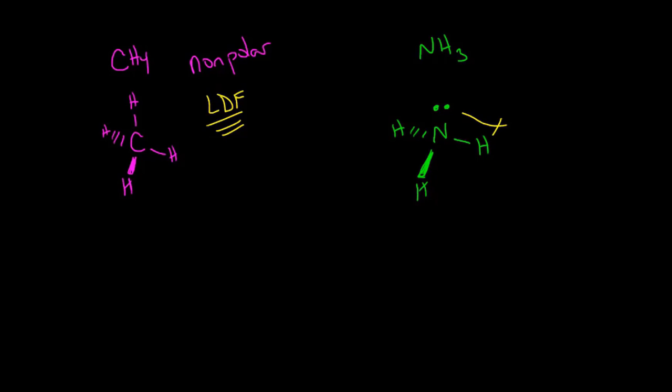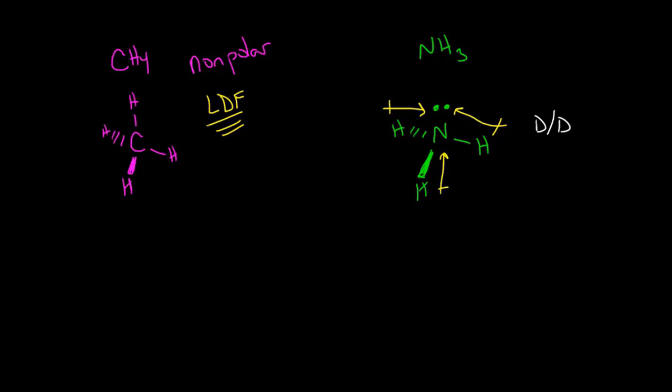So we can imply that on our structure by showing these arrows, where the arrow is pointing towards the more electronegative atom. Okay? And since this compound is not perfectly symmetrical, then this compound is polar, right? So these dipoles don't cancel out, so ammonia ends up being a polar molecule. Okay, so then to assign intermolecular force, we have a polar molecule, so it experiences dipole-dipole.